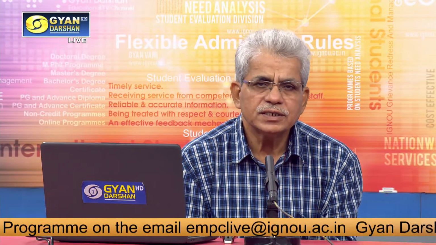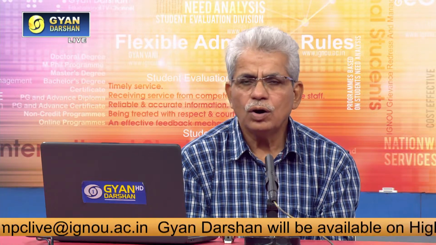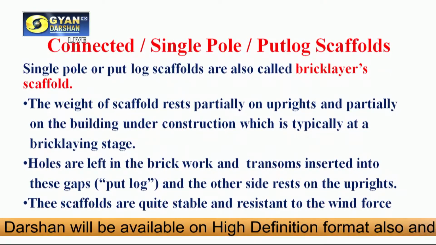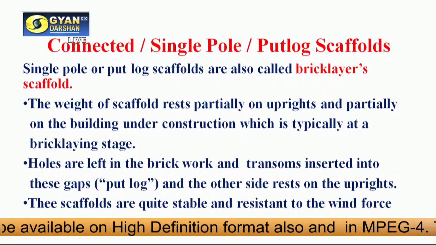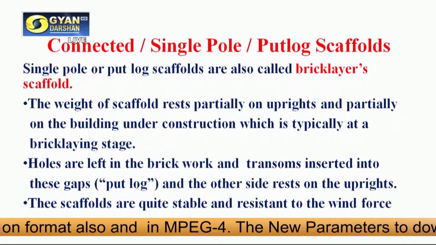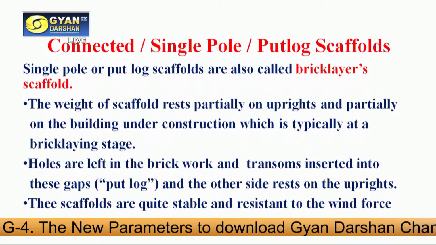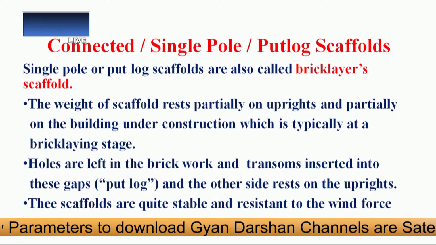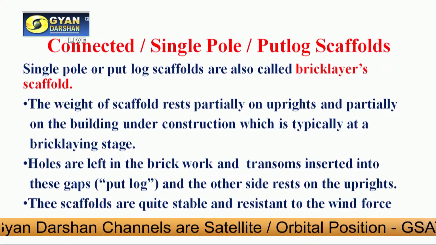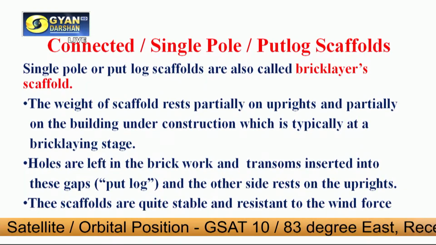Then the second one is connected or single pole or put-log scaffold. So it is getting its name. You see here three names, and the three names are because of either its action of load transfer mechanism, or the number of lines of the pole, and what type of members are used to take the support of the structures.